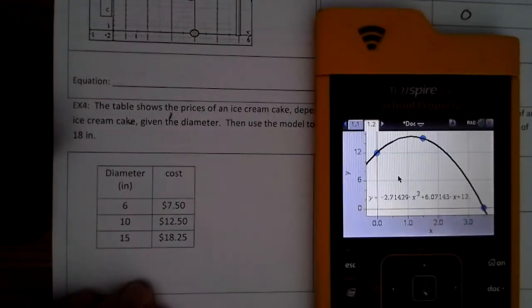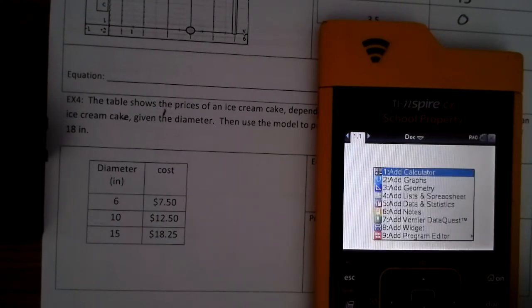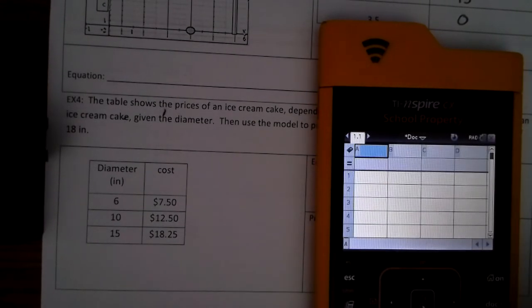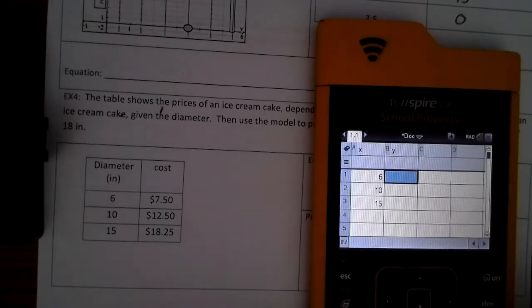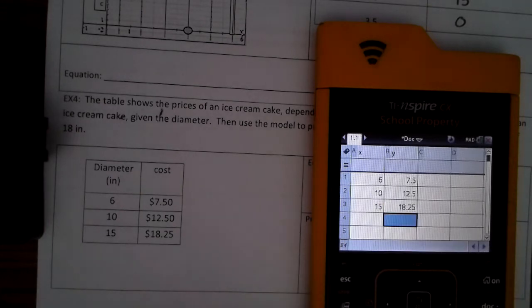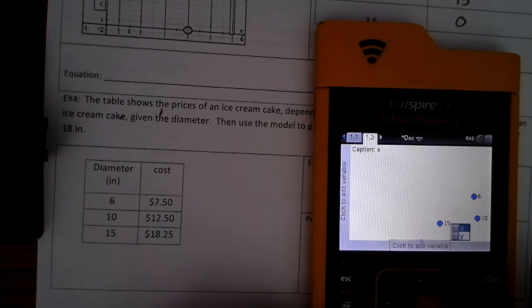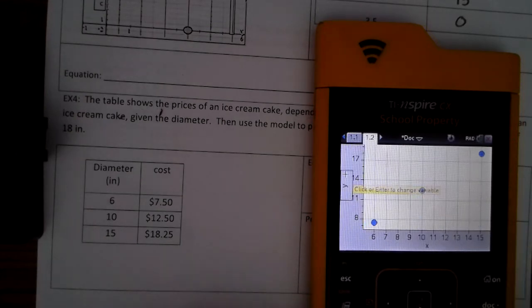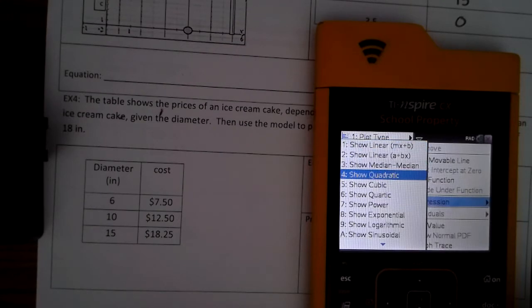All right, so once again, we're going to go to on, new document, add lists and spreadsheets, X, Y, 6, 10, 15, 7.5, 12.5, and 18.25. All right, we're going to do control doc, add data and statistics, tab X, tab Y, menu, analyze, regression, show quadratic.